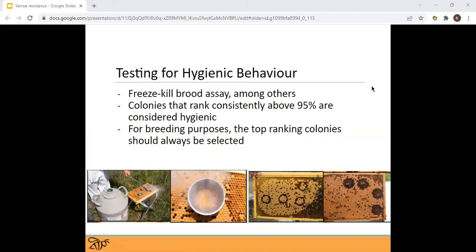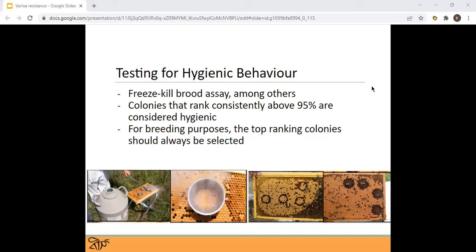So there are a few ways to identify hygienic behavior in honeybees. If we're talking about truly selecting for disease resistance or disease immunity, it would be necessary to expose bees to a specific pathogen to test if they're truly resistant to that pathogen in particular, and then of course record their response.